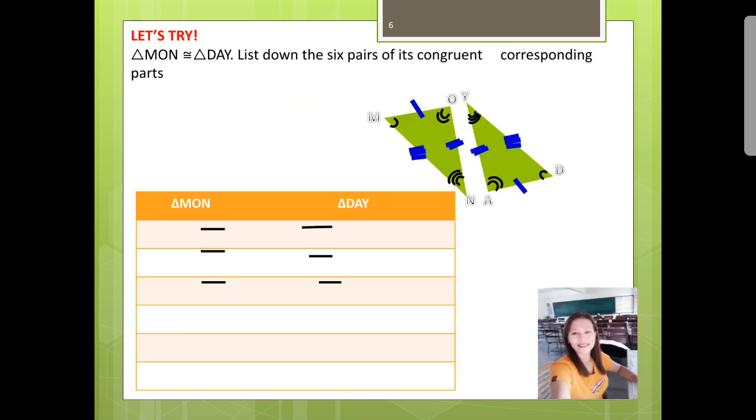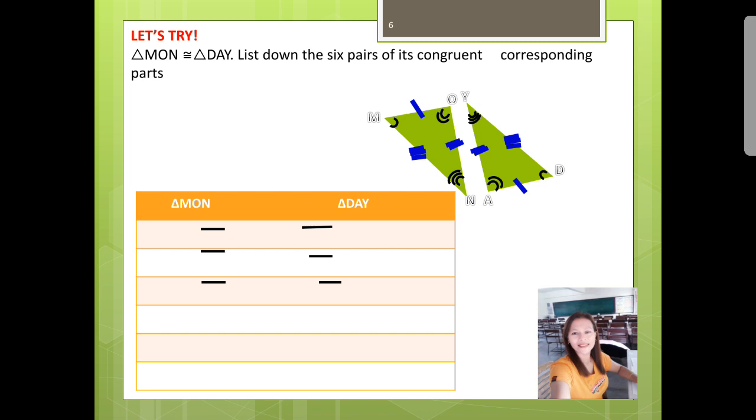So let us have an example. Let's try. Triangle MON is congruent to triangle DAY. List down the 6 pairs of its congruent corresponding parts. As you can see from the given two figures of triangles, triangle MON and triangle DAY, using the identical marks.